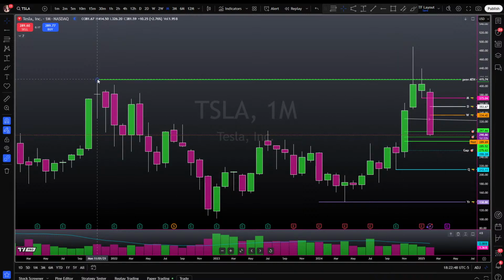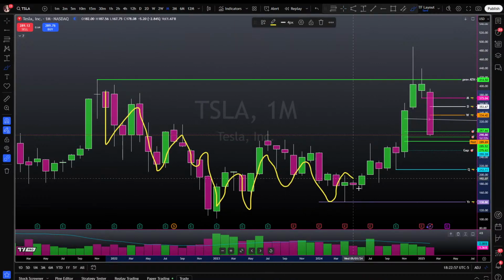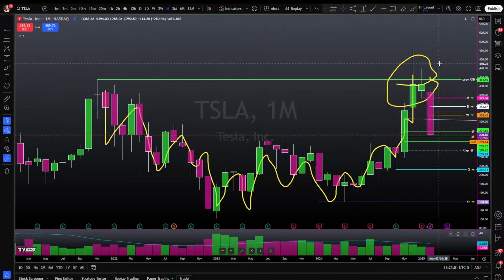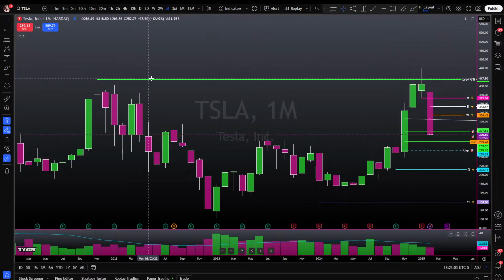So anybody who had been short Tesla since back here, November 2021, and all of this time, right? They just got stopped out when we made a new all-time high. So that is what puts us at exhaustion risk.